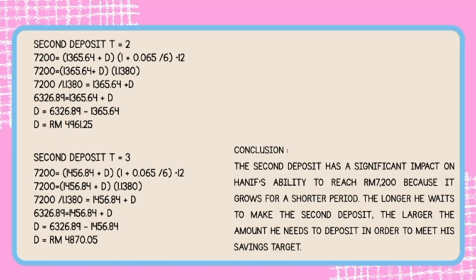After we find the future value, we should find the second deposit within the two T values that we get, that is 2 years and 3 years. After that, you will get the second deposit. So the conclusion is the second deposit has a significant impact on Hanif's ability to reach 72,000 because it grows for a shorter period. The longer he waits to make the second deposit, the larger the amount he needs to deposit in order to reach his saving target.